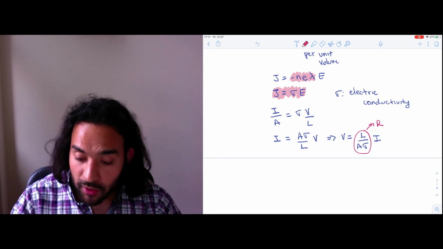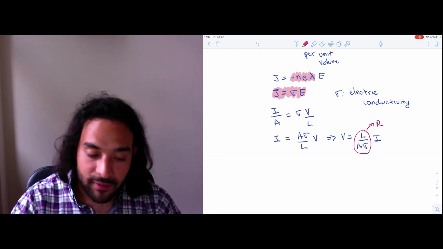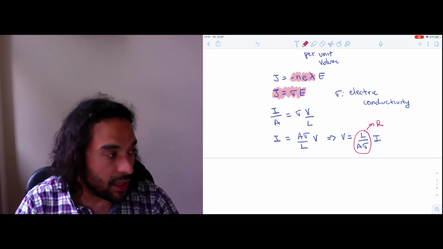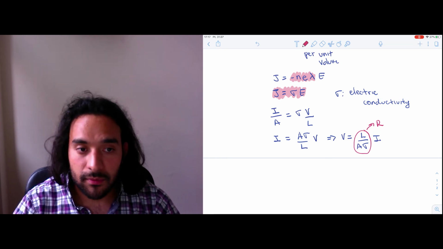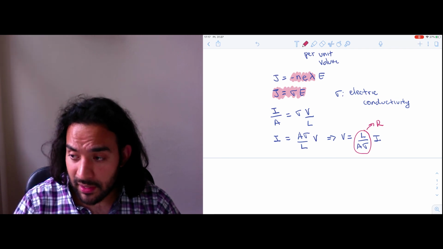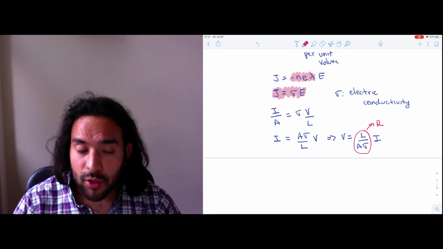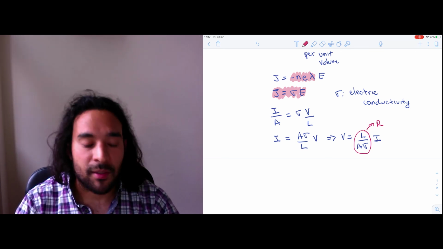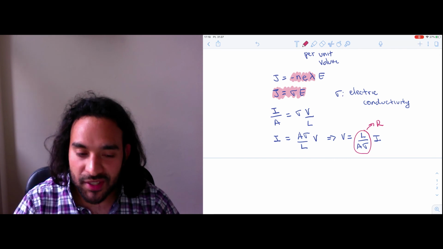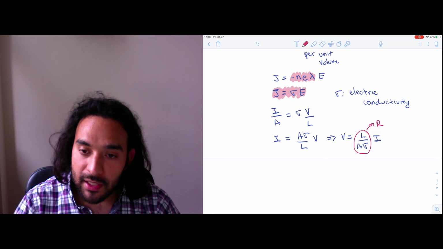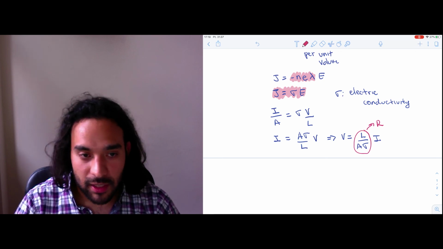Now, although this Ohm's law applies to a very large range of materials, particularly conductors, not all the elements of circuitry obey this law, right? And so what you can look at as a bit of homework is to see which element of a circuit does not obey Ohm's law, right?